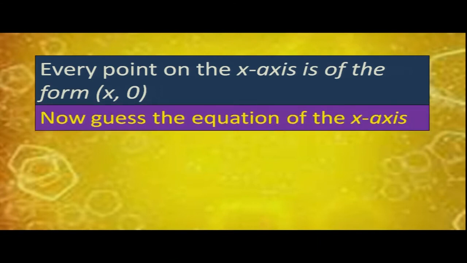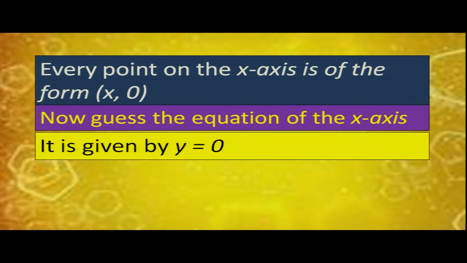Now, what will be the equation of the x-axis? For any point on the x-axis, it is of the form (x, 0). That means 0 is the y-coordinate, so we can say that y = 0. That is the equation of the x-axis. But here it is an equation in one variable, so how do we express it as an equation in two variables?